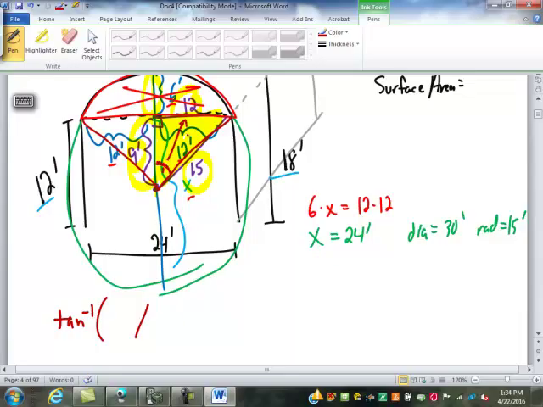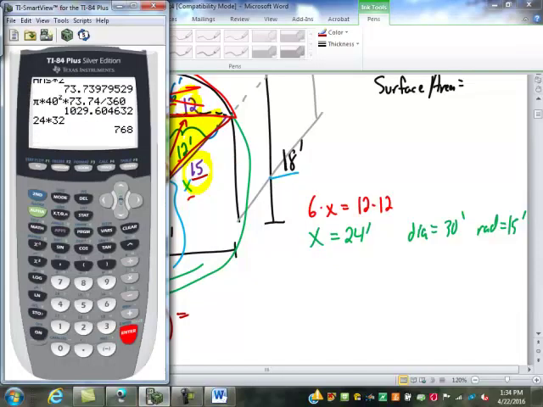From this angle, the opposite side is 12, and the adjacent side here is the 9. I could have also used an inverse sine of 12 over 15 to give me the same angle. 53.13.